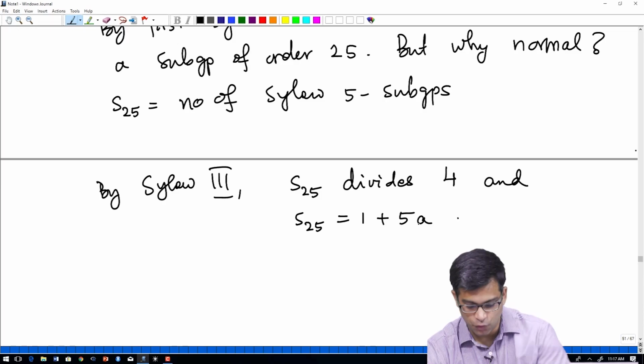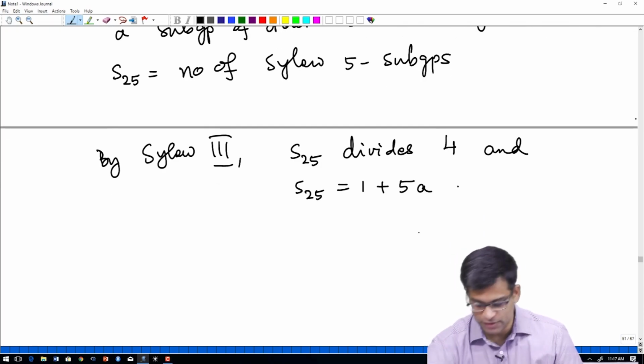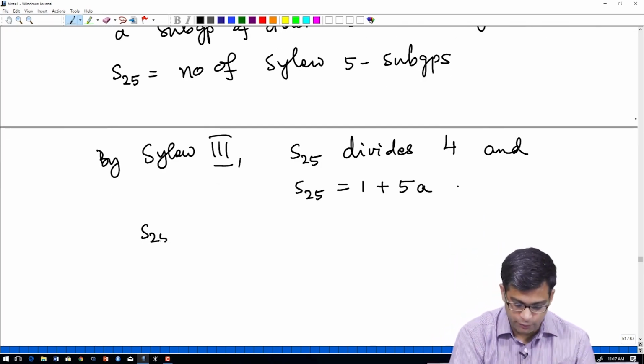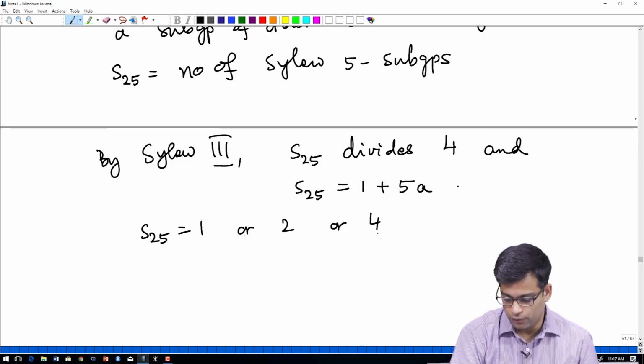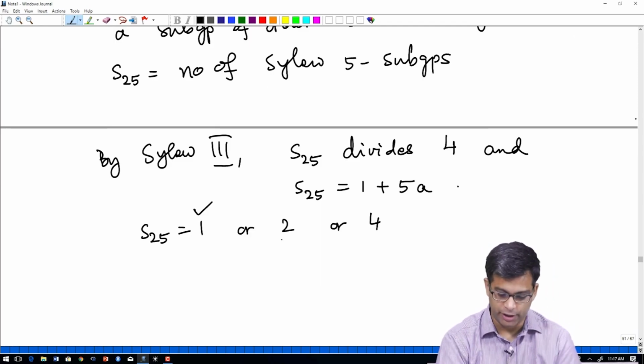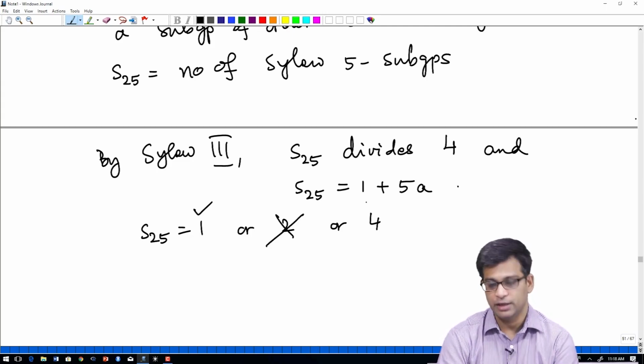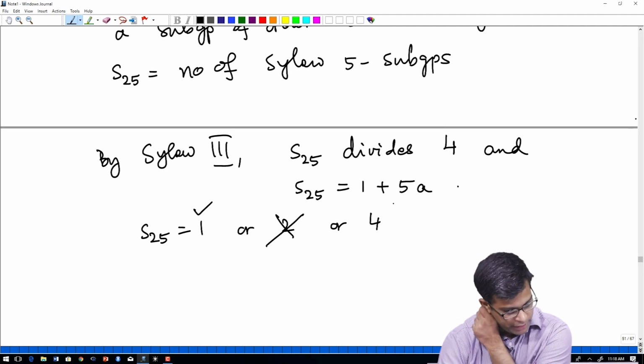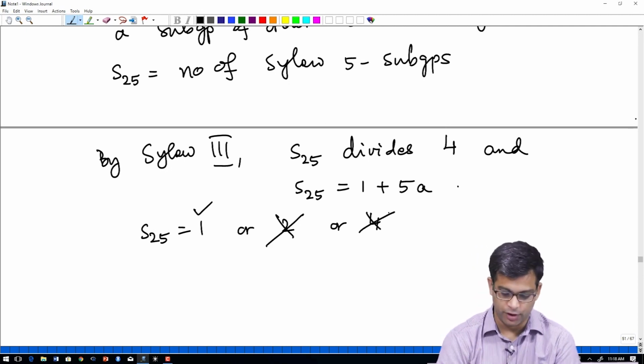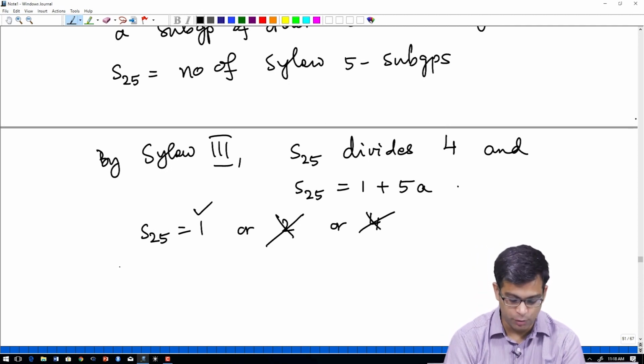S25 dividing 4 can be 1 or 2 or 4. 1 of course is a possibility, but if it is 2, it is not of this form, because when you divide by 5, the remainder is not 1. Similarly, it can't be 4. So, S25 has to be 1.